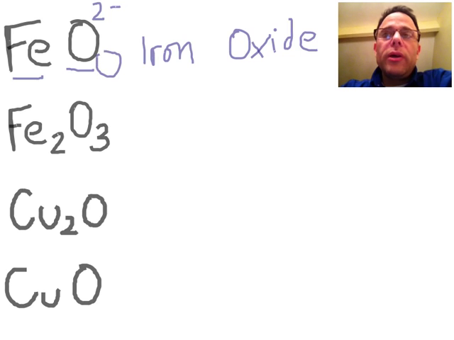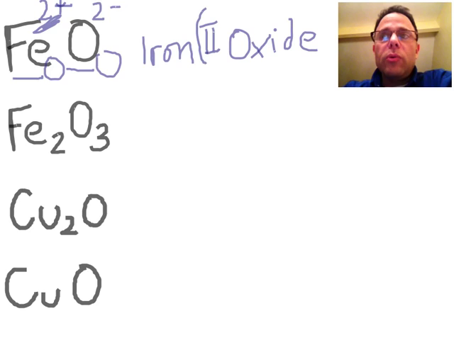We have a 1-to-1 ratio of this. So to balance out, iron better be a 2+. But remember, there are 2 different oxidation choices. This one is the 2. So we need to do what's called the stock system. We will put a Roman numeral 2 after the iron to identify which oxidation number we used.